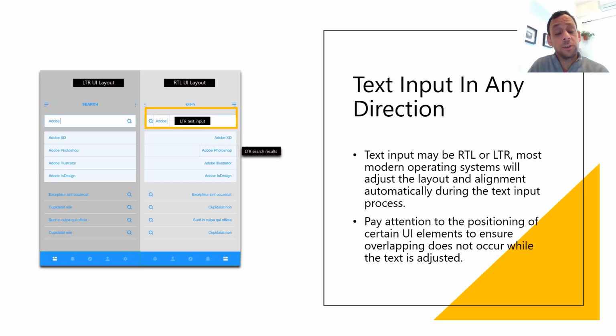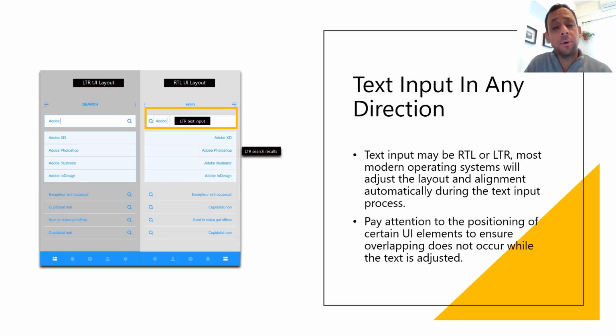Text input fields also require the ability to automatically adjust based on the user's input language. So if you're inputting BiDi language, you want to make sure the text input field is automatically adjusted to the right. And if you're inputting English text in that same text field, you want to make sure it can align to the left automatically.